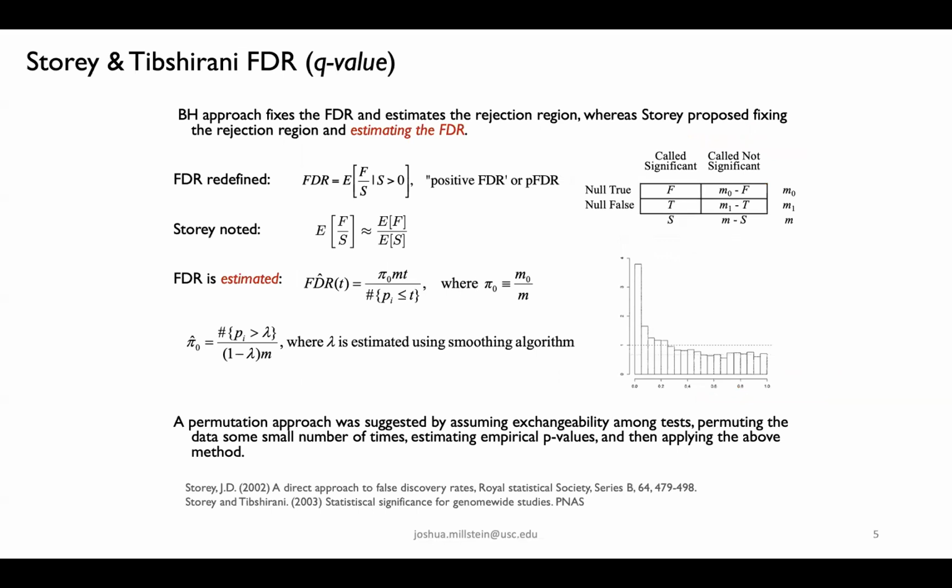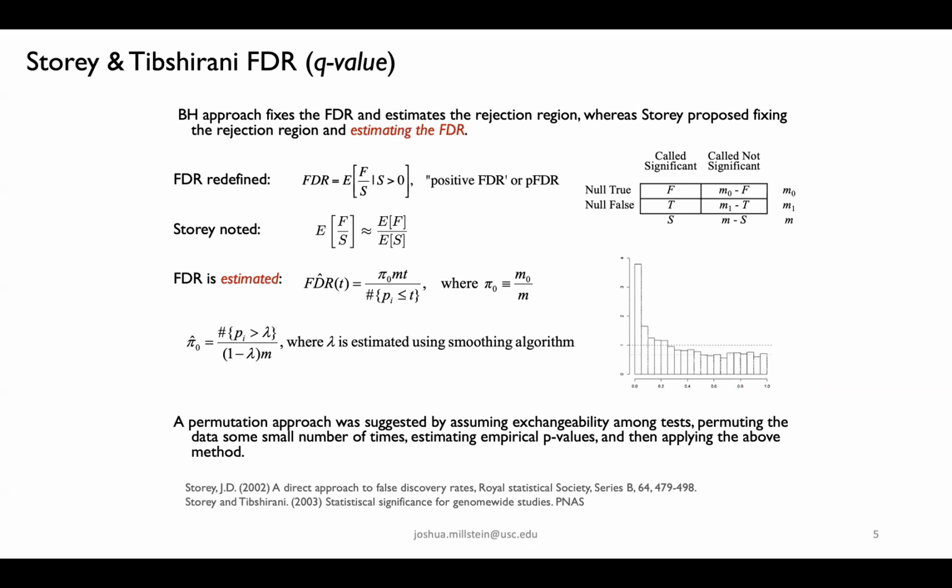It's important to note, though, with the BH method that the way it's designed, alpha needs to be set before the data are analyzed. The properties are designed for setting alpha first and then estimating the error rate based on an a priori chosen alpha threshold.